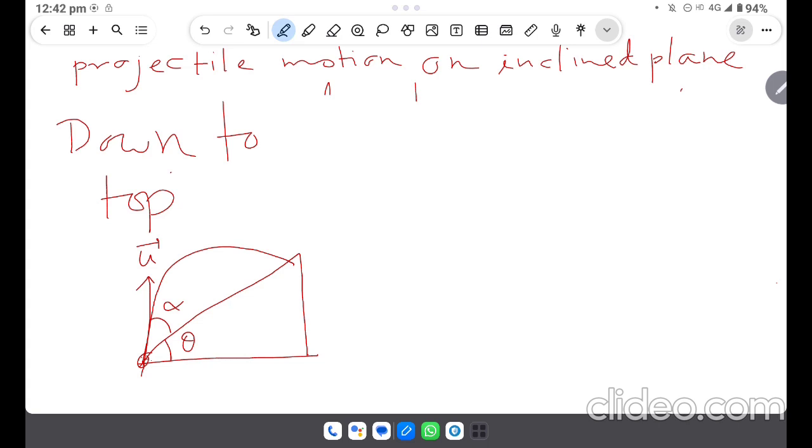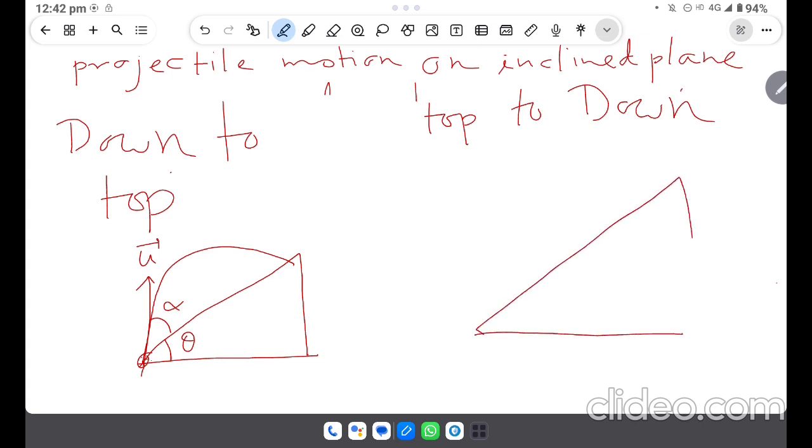Now, the second motion is the top to bottom motion. What is that? Again we draw the inclined plane like this, and theta is the angle of the inclined plane which will be the same. Now, instead of throwing the stone or ball from the bottom point, this time we are going to throw from an upper position. Suppose here.